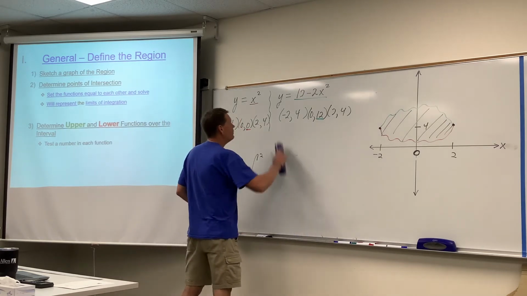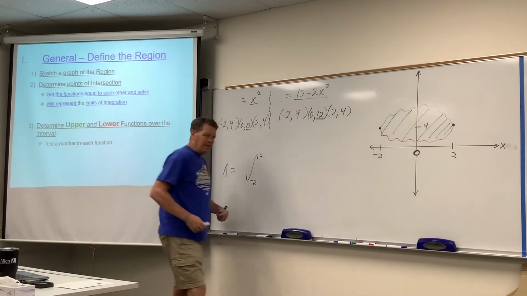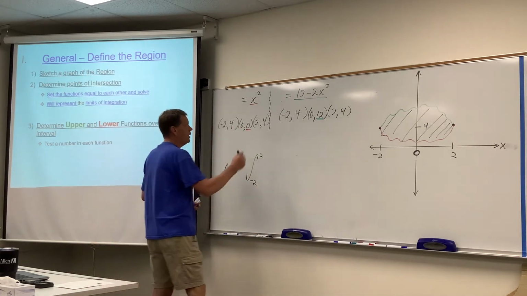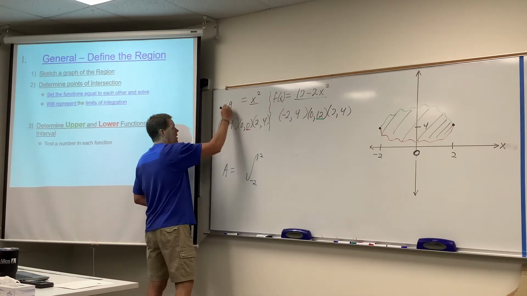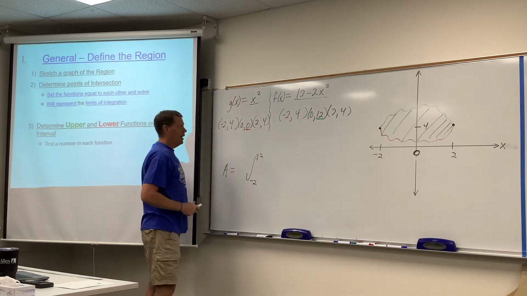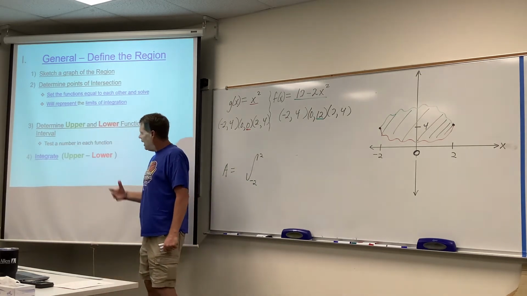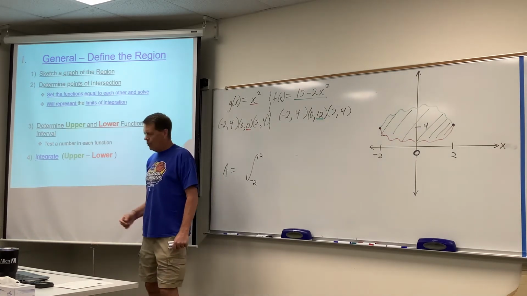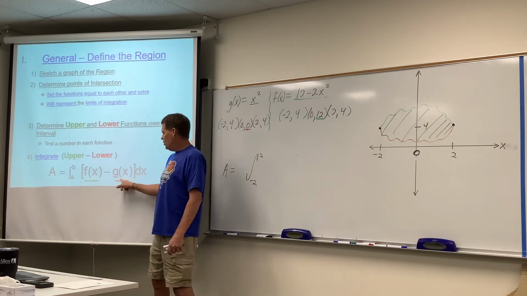And by the way, to relabel these, the calculus nerds of the world have determined that we should label the upper function f of x and the lower one g of x. All right? So, in general, wouldn't it make sense that the area would be the integral of the upper minus the lower, which in general terms would be f of x minus g of x.